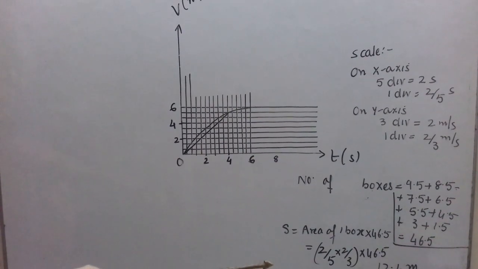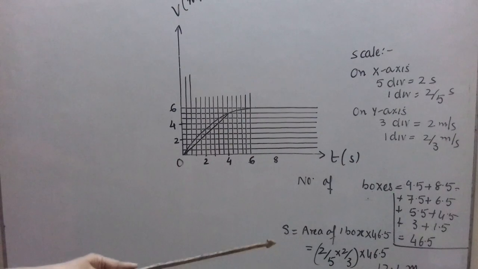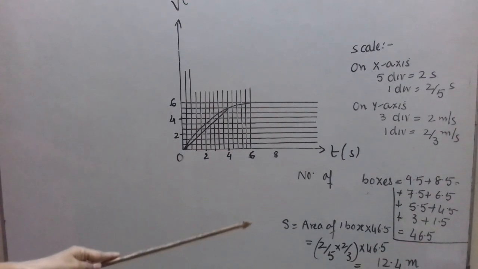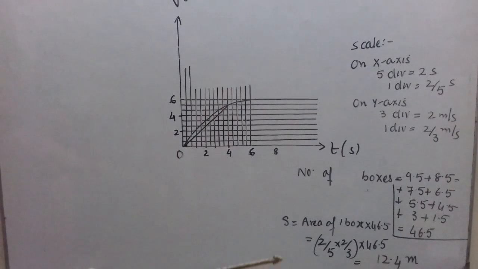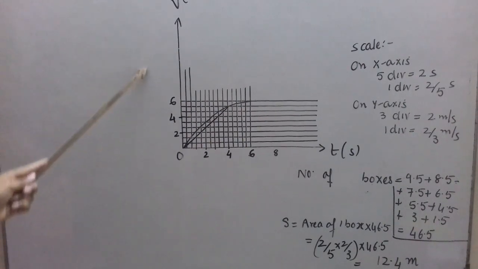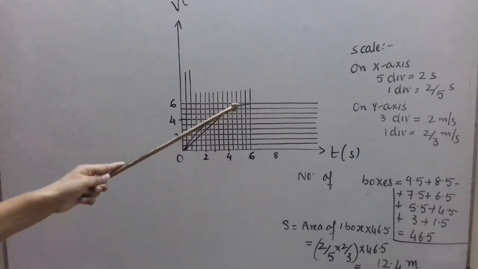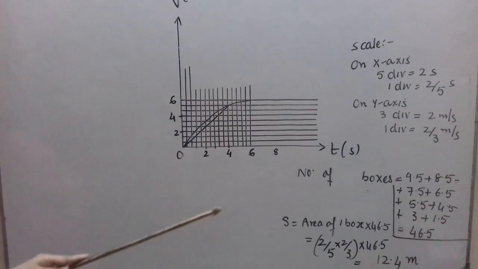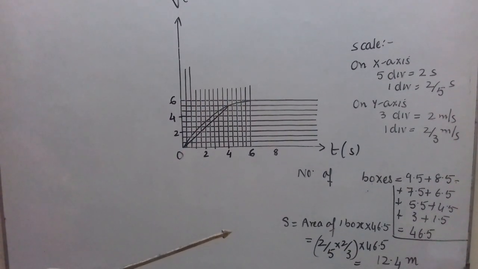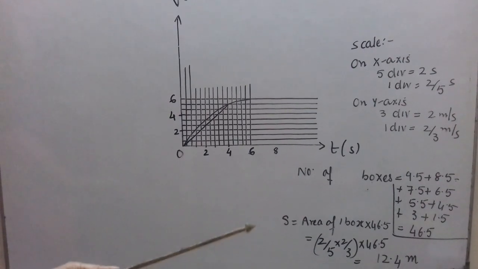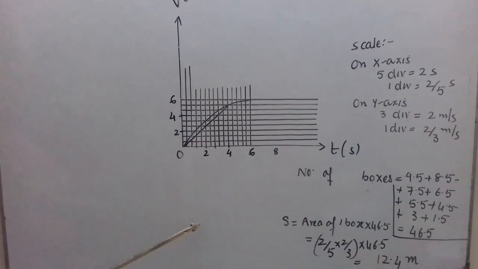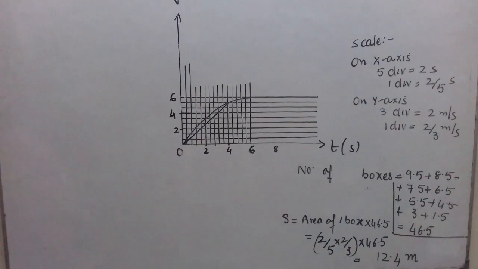So length into breadth will be the area of one box, into 46.5, and the answer here comes out to be 12.4 meters. This is a graph, a curved one. So we can say that the distance travelled in the first 4 seconds is 12.4 meters. I hope this method is clear to you. Now we'll continue with the next method.